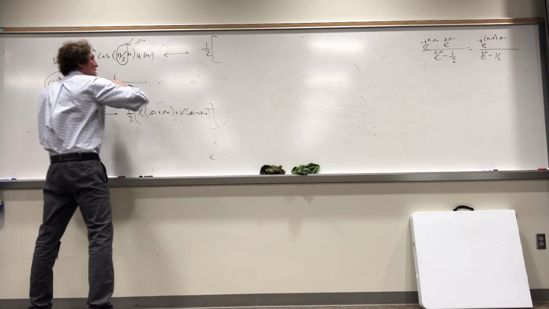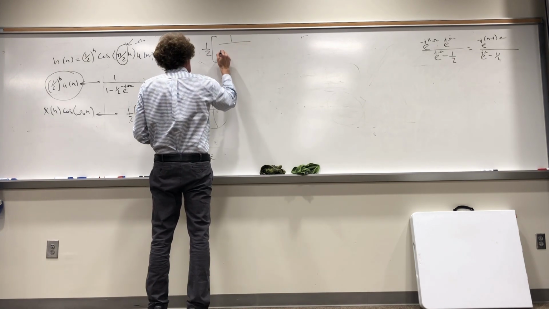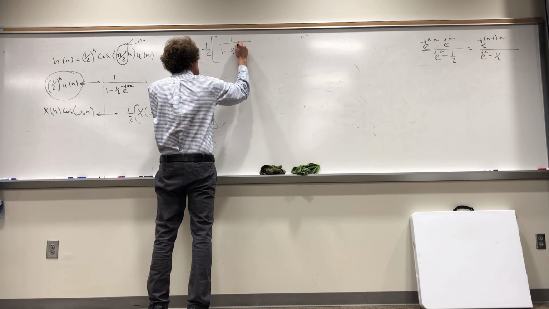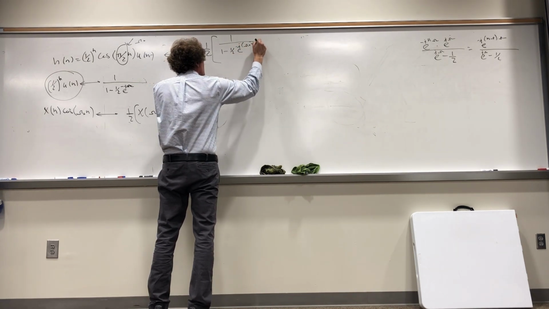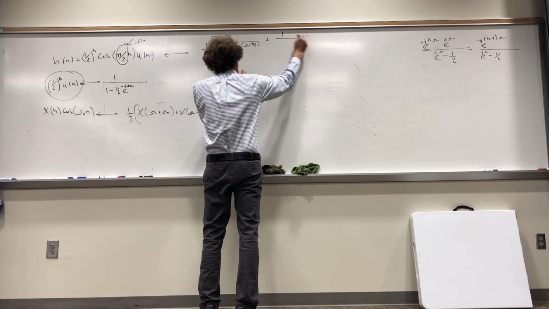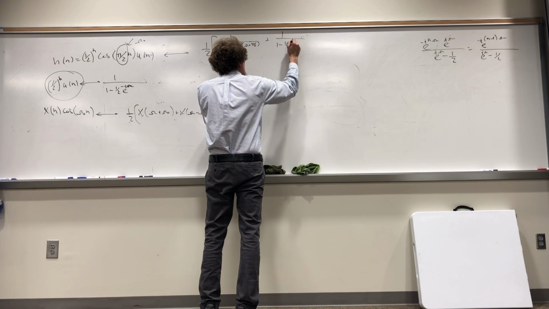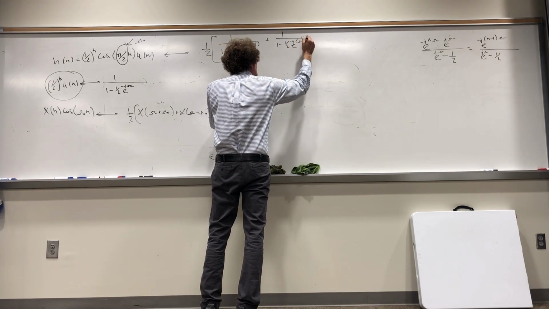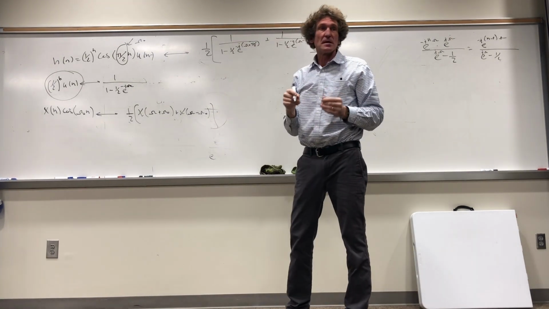So now I'm going to take 1 over 1 minus 1/2 times e to the minus j quantity omega plus pi over 2, plus 1 over 1 minus 1/2 e to the minus j omega minus pi over 2. That's it. That's the transform.